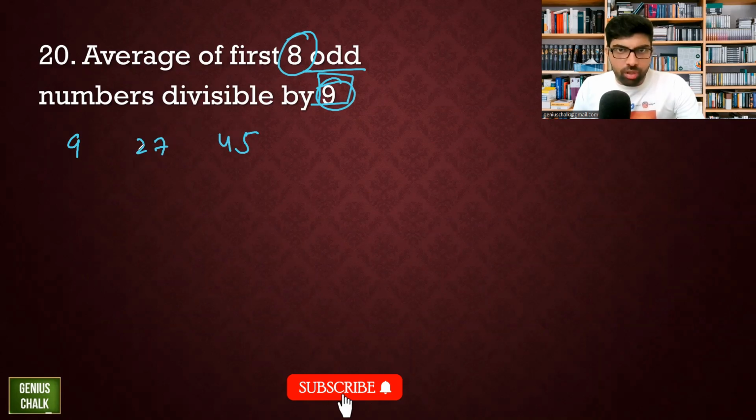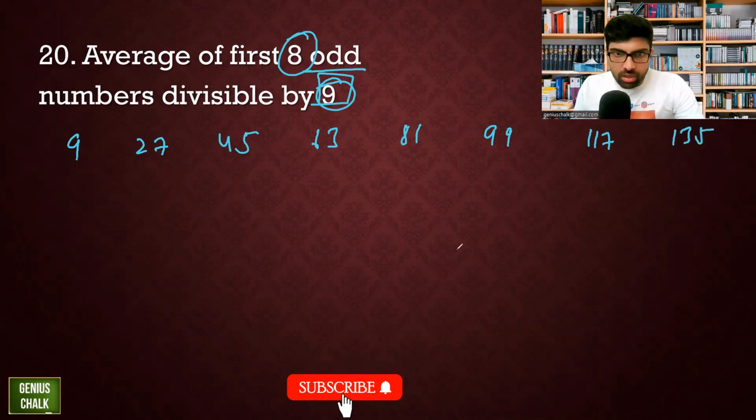So it is 9, then 9 into 3, 9 into 5, 9 into 7, 9 into 9, 9 into 11, 9 into 13, that is 117, and the last, 9 into 15, that is 135.